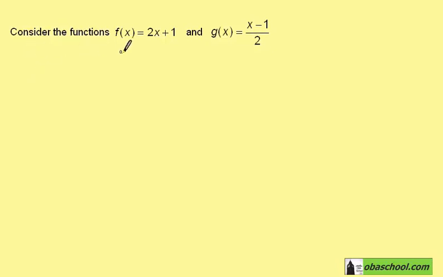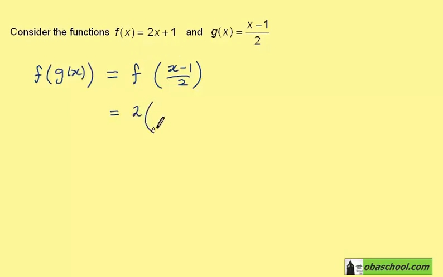Consider the functions f of x is 2x plus 1 and g of x is (x minus 1) over 2. Let's suppose we do f of g of x. That means we do f of (x minus 1) over 2. f takes whatever is input, doubles it, and then adds 1.